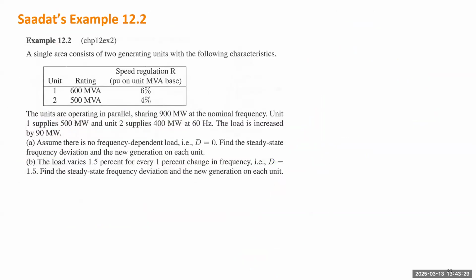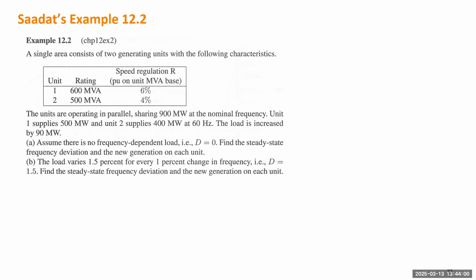Okay, next we are ready to try some examples with multiple generating units, not just a single one. So there could be a number of things we need to deal with. First of all, each generating unit has its individual R value. And the R value is calculated based on how the power changes to respond to the frequency deviation.